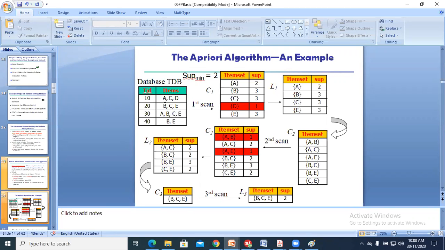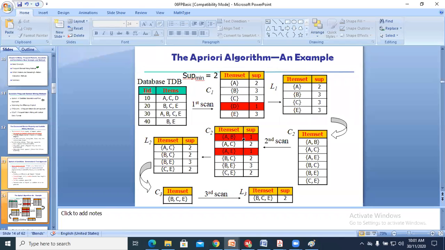You will scan it from the table. AB occurs only 1 time and its support is 1. And similarly, we count the support for all the candidates for the 2 item set.